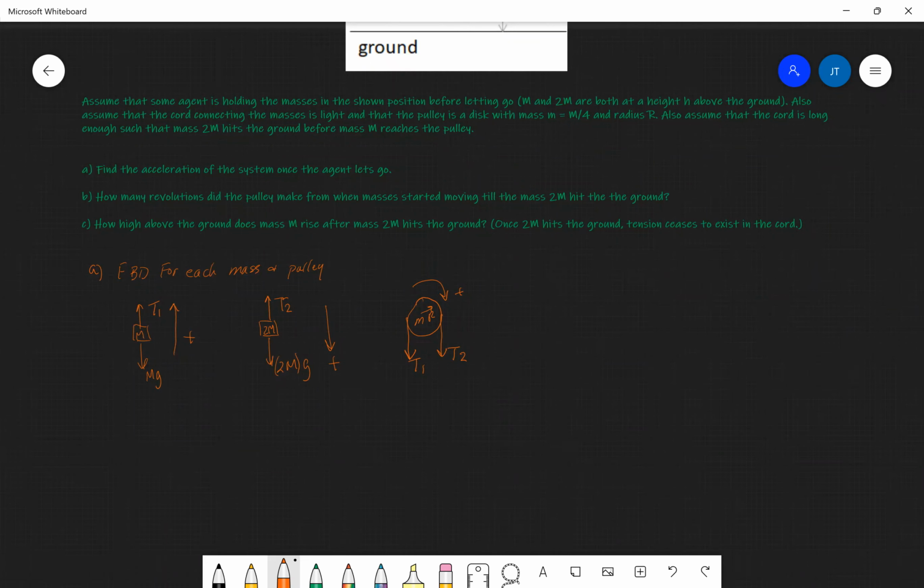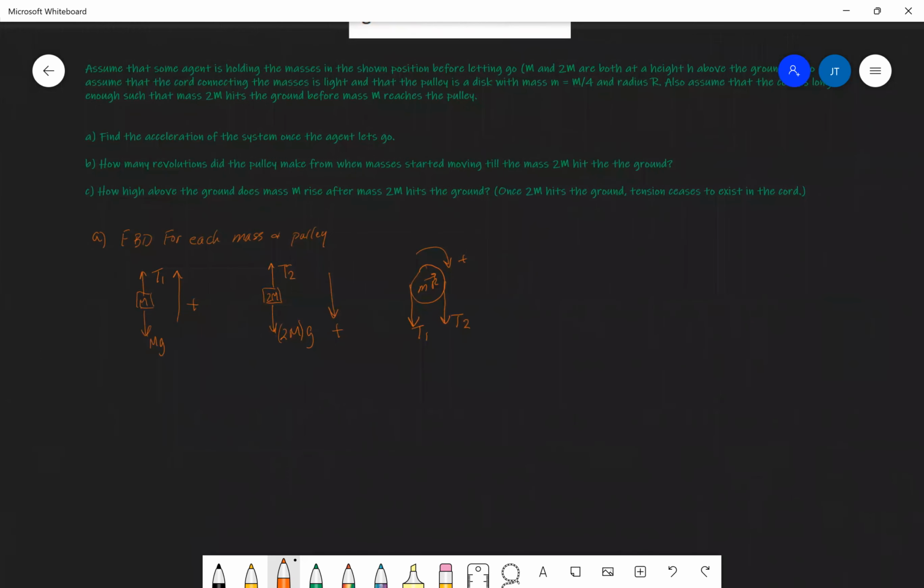Now we write Newton's equations for each mass. For mass m, we only have one dimension, so the sum of all the forces is ma. By the way, the masses have the same acceleration, right? So how many forces do we have acting? We have T1 in the positive direction, mg in the negative direction, that's why it's a minus, equals ma.